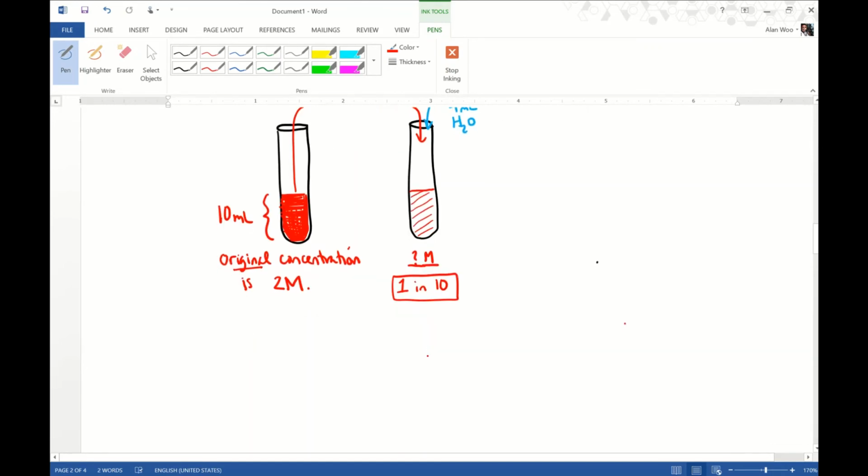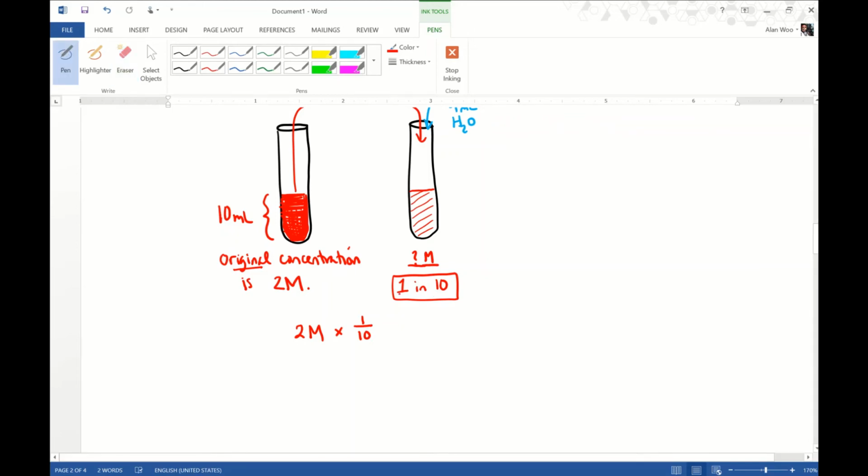So in terms of how my concentration changed from the beginning, it started with 2 molarity, but because it's a 1 in 10 dilution, you're multiplying it by something called a dilution factor. Okay. A dilution factor is just how many times diluted is this compared to the original. Okay.